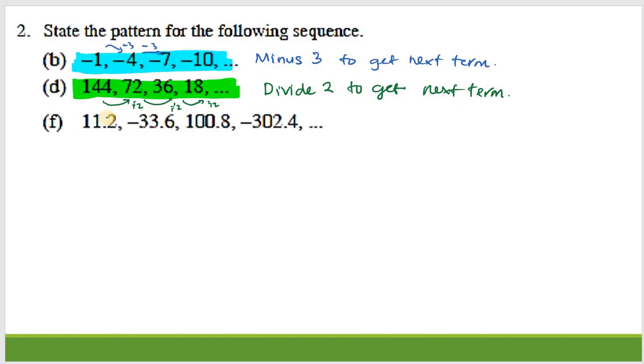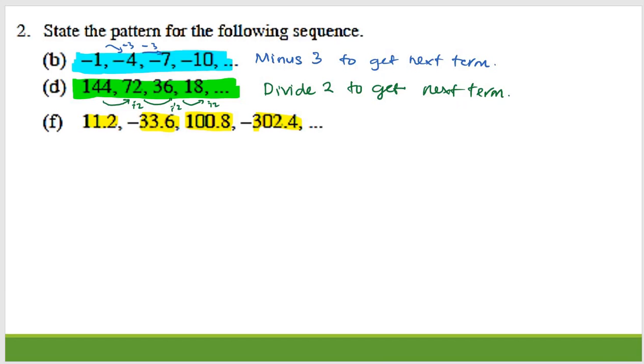This is multiply something. I mean like this, you compare 11.2 and 33.6. Ignore the positive and negative sign, compare 100 and this one, 300 and this one. The digits show us the numbers increase. So in between multiply and division, we should do multiply.